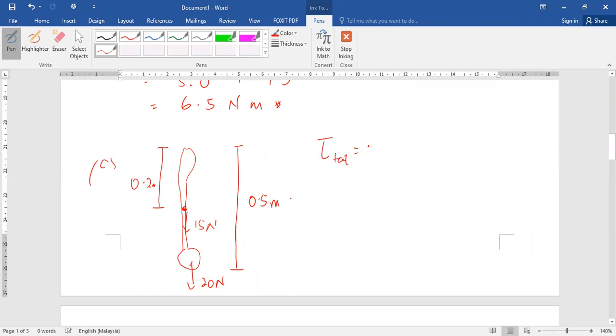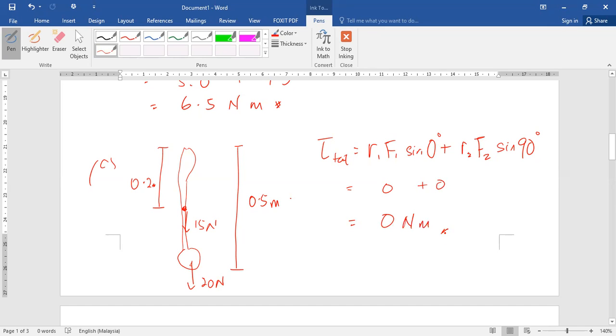Total torque equal to R1 F1 plus R2 F2. Okay, now the angle, they are in the same direction. That means the difference in the angle is 0 degree. Sin 0 degree becomes 0. That means 0 plus 0. At the end, it will be equal to 0 Newton meter.